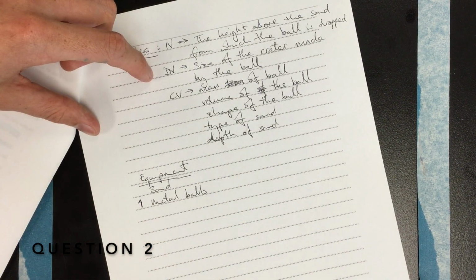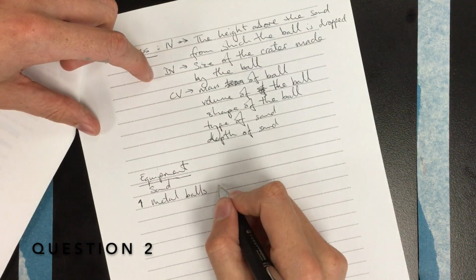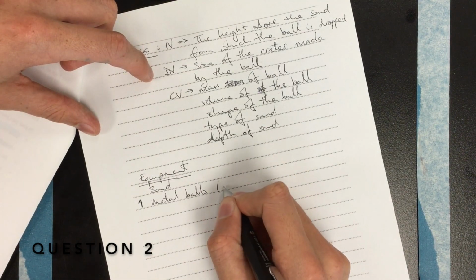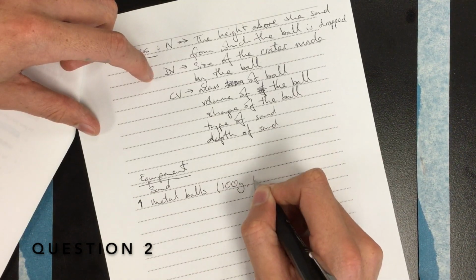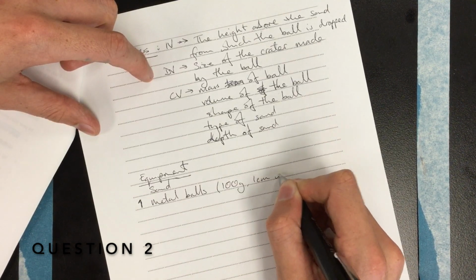If you were changing the size of the metal ball, you would obviously have more, and you should specify what masses you would use. For this I'm going to specify that it is going to be 100 grams and 1 centimeter in diameter.